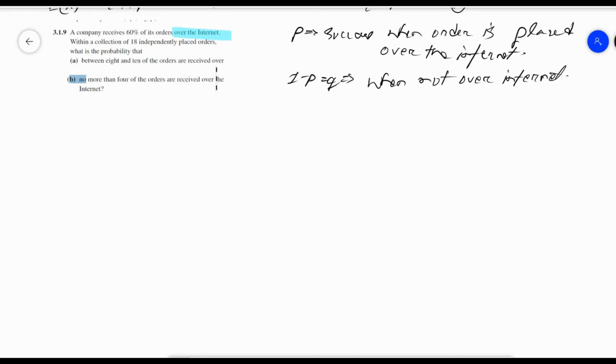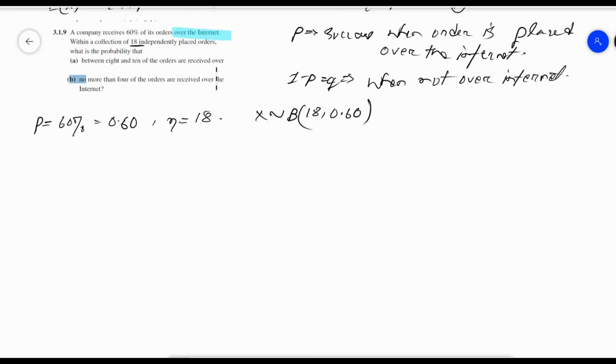So we can see that the probability of success or getting order over the internet is 60%. So we can rewrite it using 0.60, and the total number of independent orders, number of trials, can be said is equal to 18. So it follows binomial distribution with number of trials 18 and probability of success 0.60.